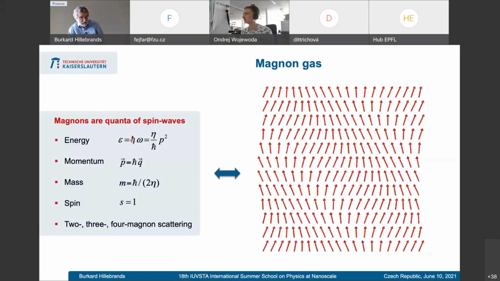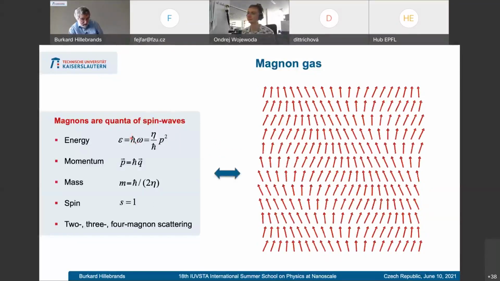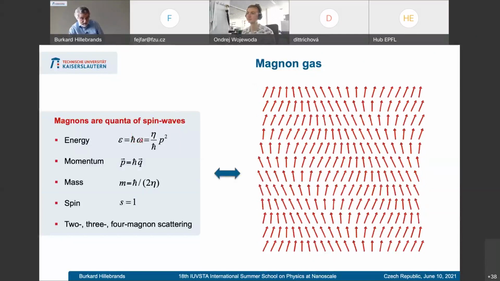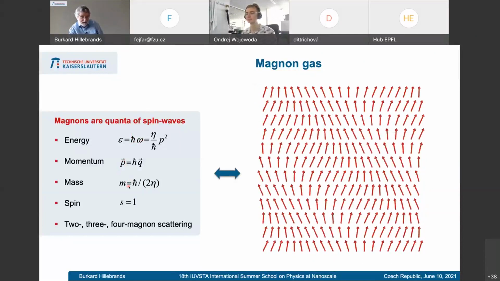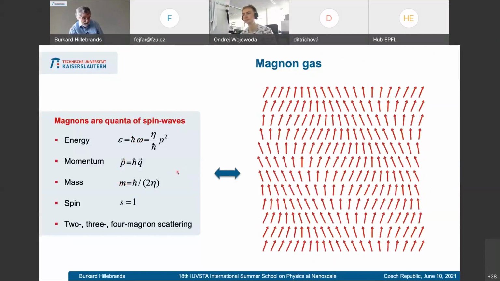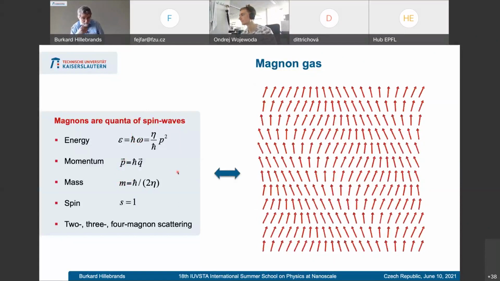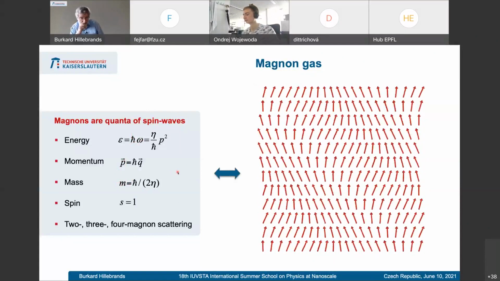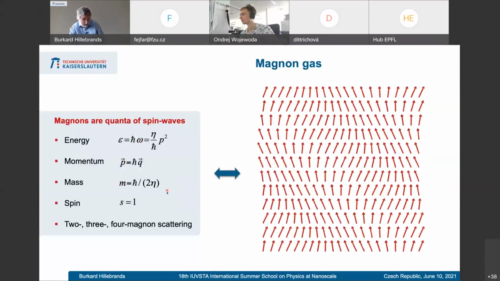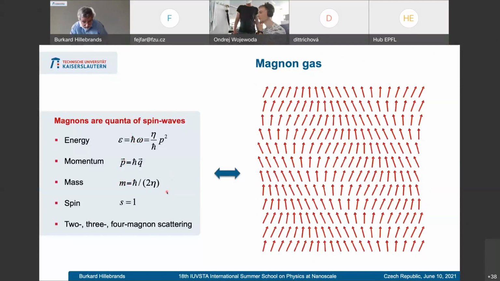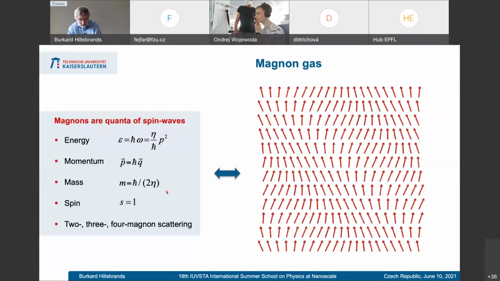The quantum of energy is very trivial. It's just h bar times omega. They have linear momentum. They have mass. The mass simply comes from the dispersion. You know that the mass is proportional to one over the curvature in the dispersion, like you assign effective masses for electronic band structures, the same thing. And we have the nonlinearity, and this will lead to 2, 3, 4 magnon scattering, and so on. And let me discuss this.